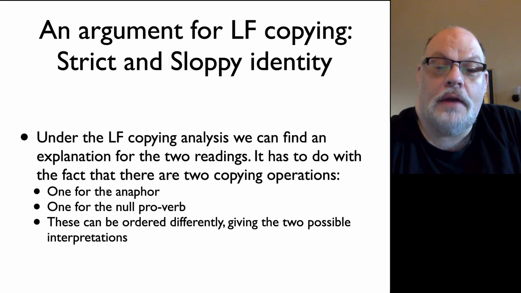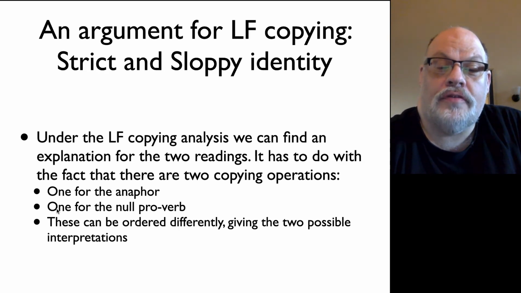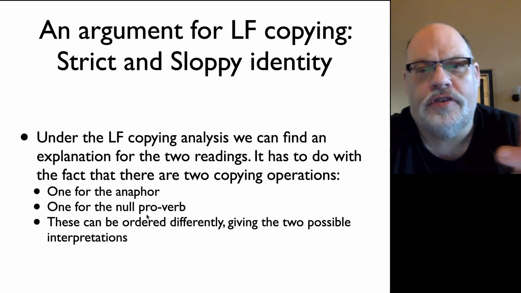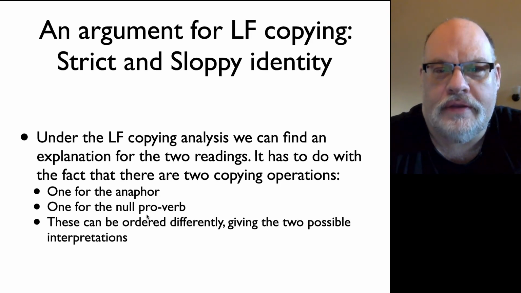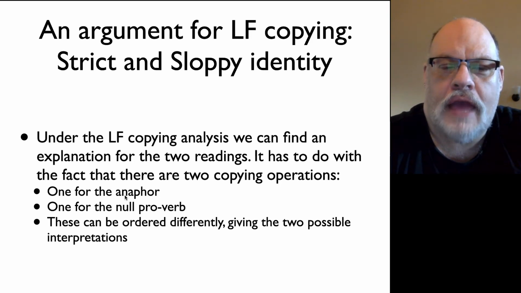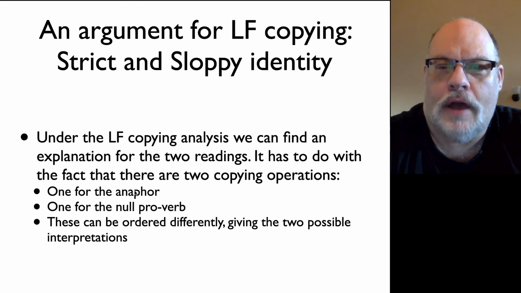There's a copying operation that replaces the anaphor with an antecedent, and there's a copying operation that replaces the null pro-verb with an antecedent. Because there are two operations, they could be ordered in two different ways. You could do the anaphor copying and then the verb phrase copying, or you could do the reverse: the verb phrase copying followed by the anaphor copying.